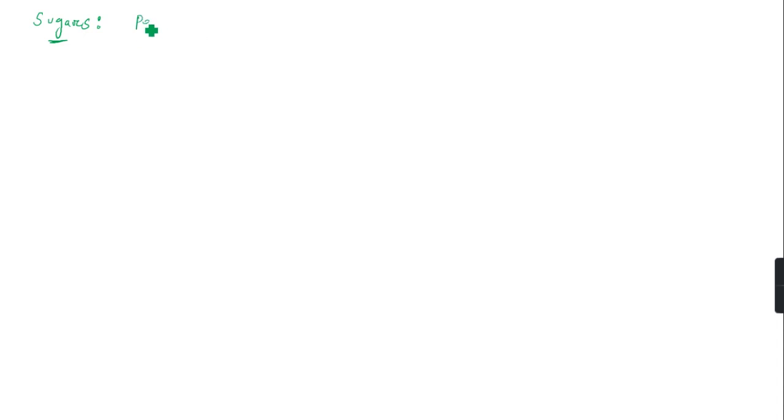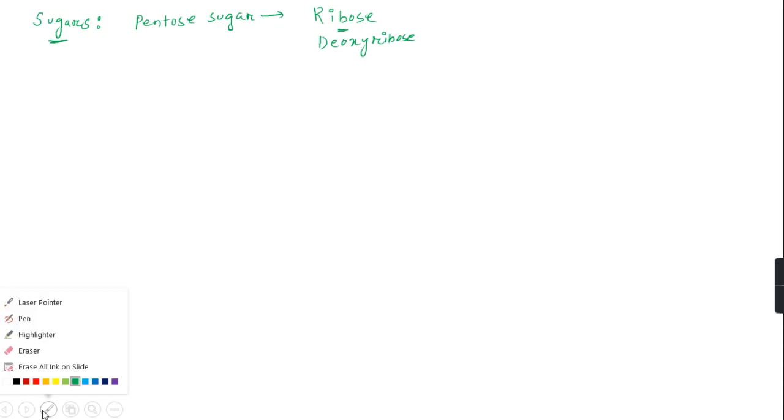These are basically pentose sugars, that is ribose and deoxyribose. Ribose is found in RNA and deoxyribose is found in DNA.